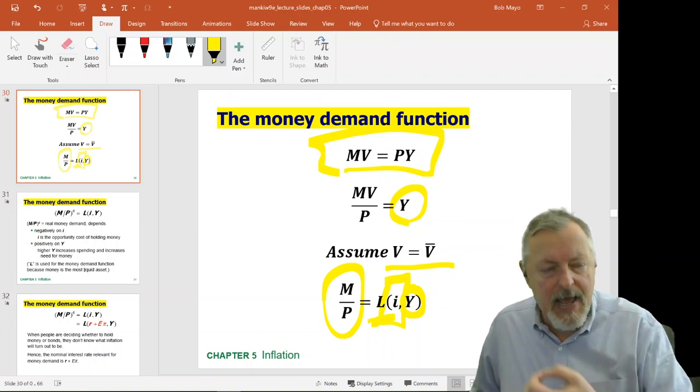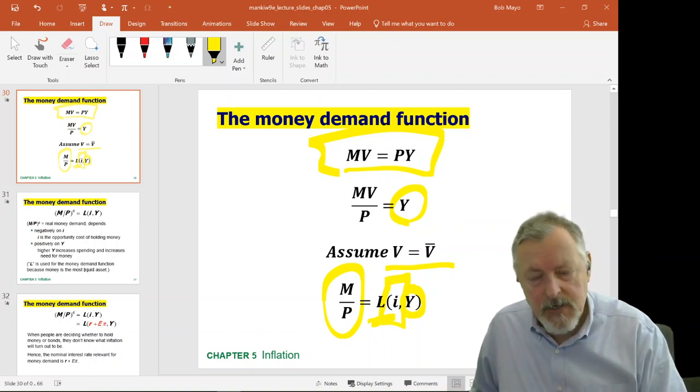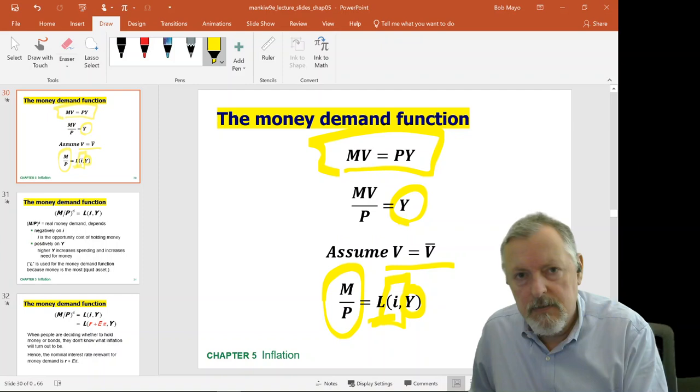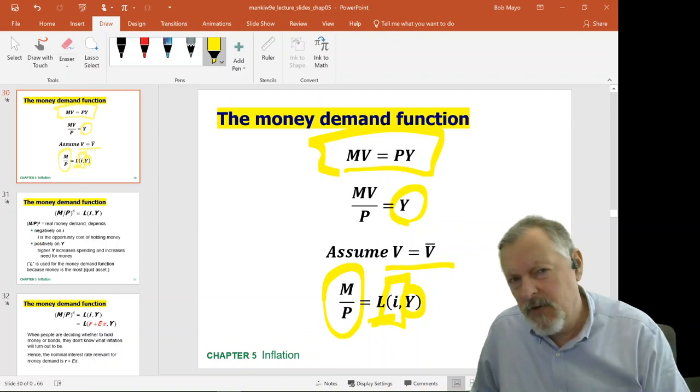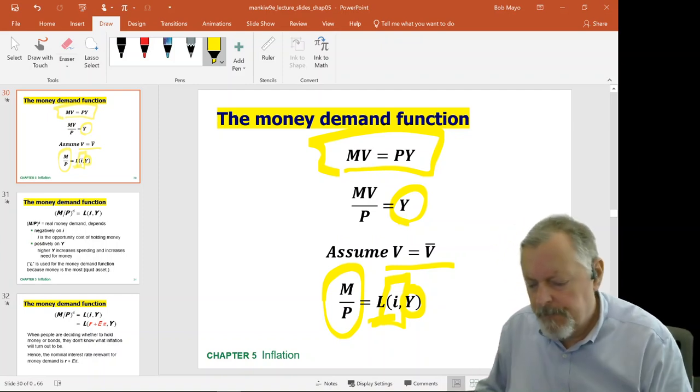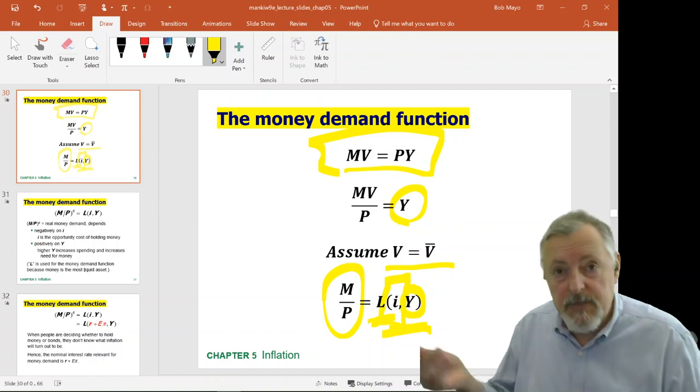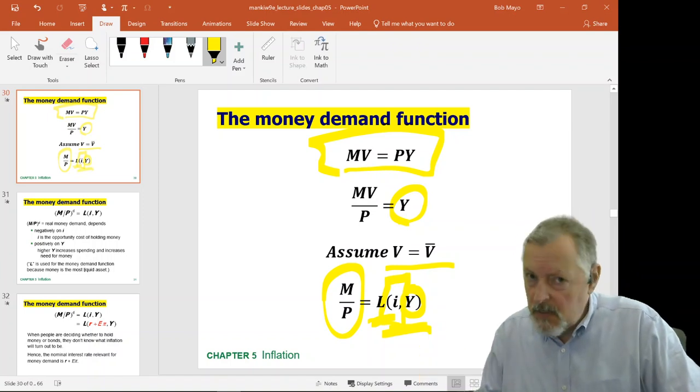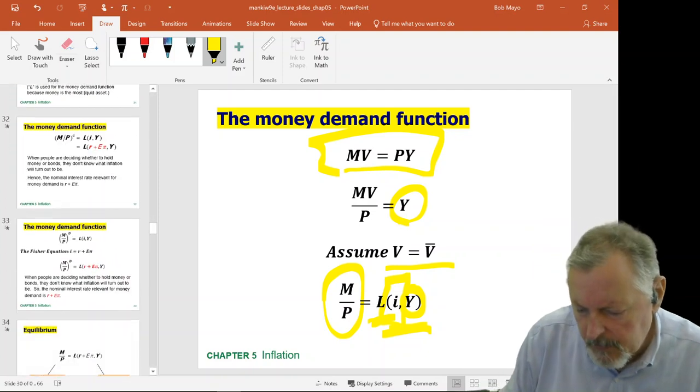That means when you take it out of the bank and keep it in cash, there's an opportunity cost in that interest not earned. So these two items, the size of the economy and the interest rate that you're not getting paid, determine demand for cash.